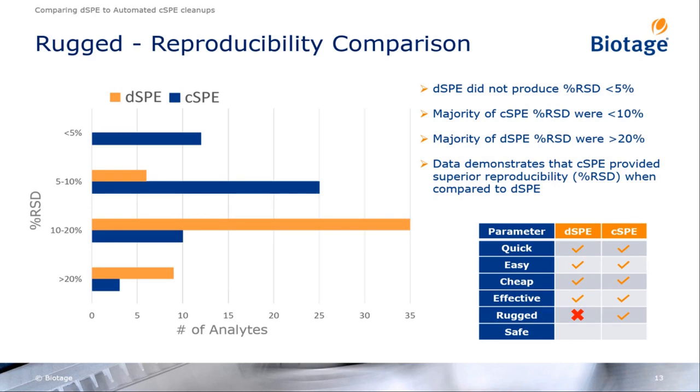We found that after evaluating the data in this way, column-based SPE provided superior reproducibility when compared to the traditional dispersive SPE. So we thought that maybe traditional DSPE didn't really quite meet the criteria for rugged.